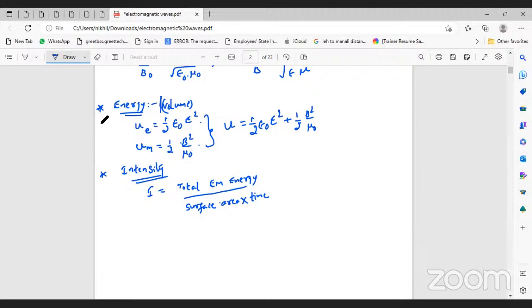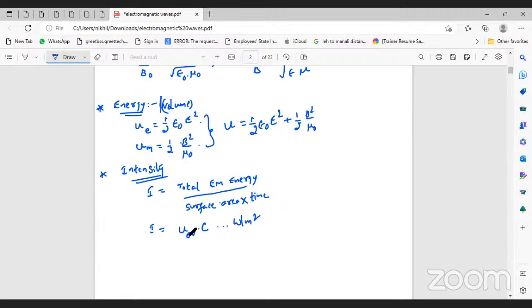Please remember that intensity is nothing but the average energy density, either in the electric field or in the magnetic field, into C. This is called the intensity, which is measured in watt per meter squared.